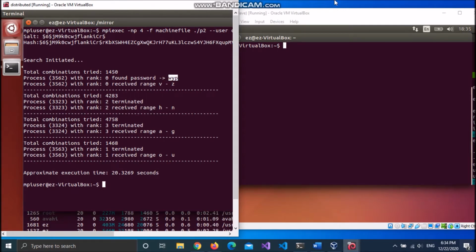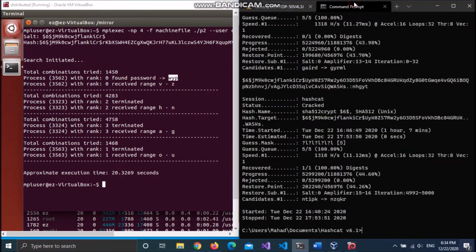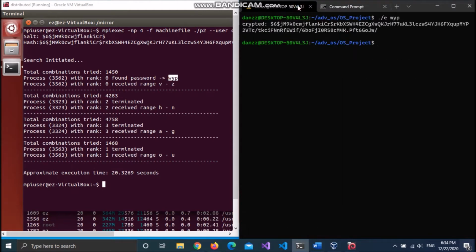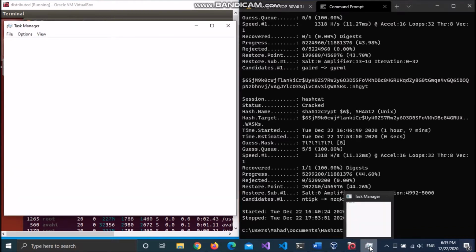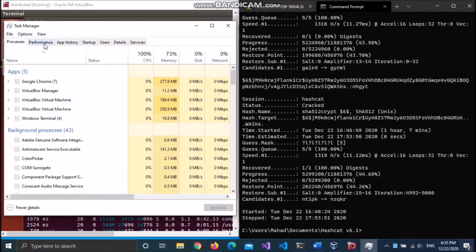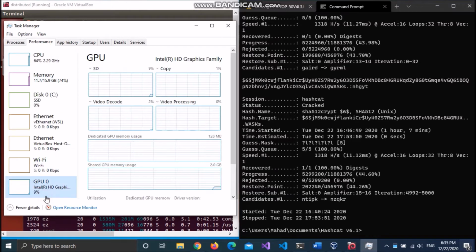For now, I also wanted to demonstrate one other thing, and that is Hashcat. I could not run Hashcat on Linux because it uses OpenCL, and for some reason it was not recognizing any OpenCL device on this PC. But I do have an integrated Intel GPU, sorry, this one, which is an OpenCL device.